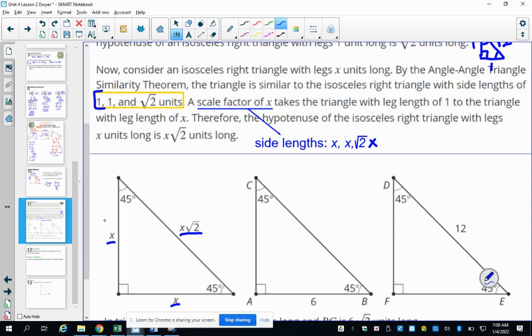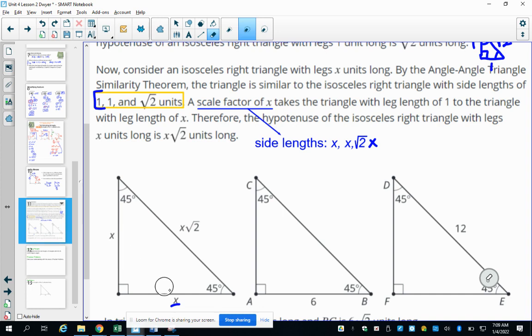So divide by square root 2 to get the leg, multiply by square root 2 to get the hypotenuse. Multiply by square root 2 if you have the side, divide by square root 2 if you have the hypotenuse.